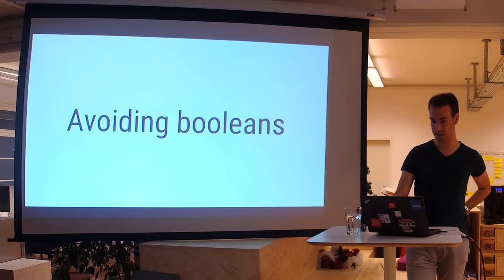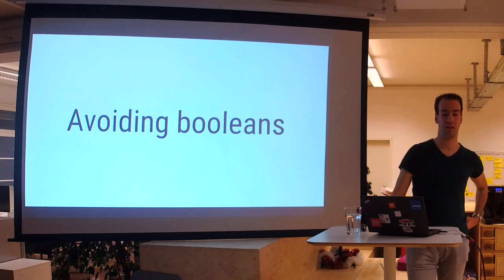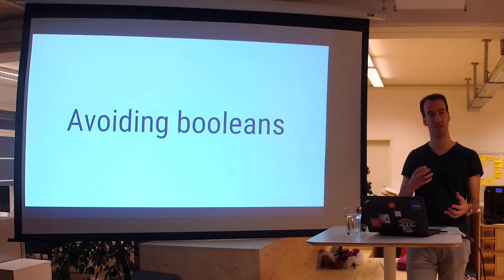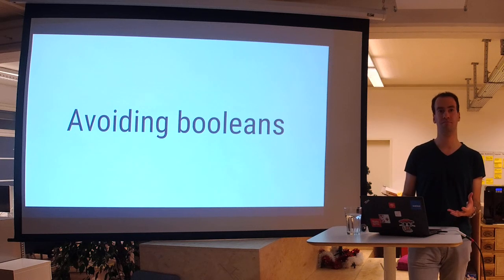Yeah, some other techniques. I just cherry-picked a few. One is really trying to avoid booleans, because booleans are bad. Booleans are bad in every language. I think they make function signatures unreadable. They make the code itself unreadable.